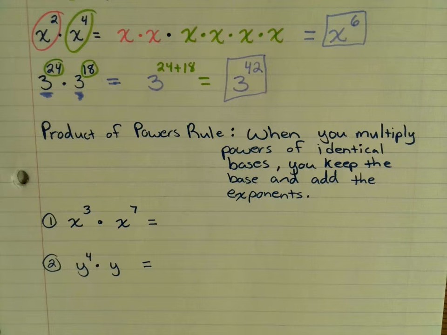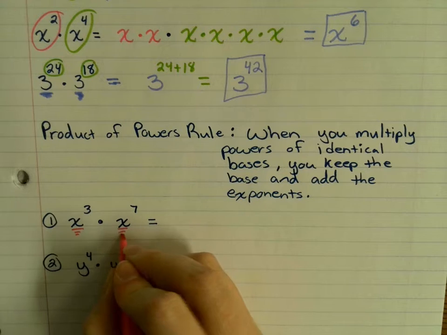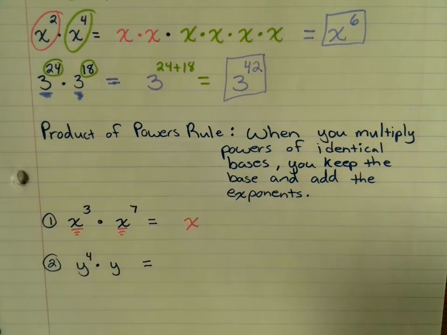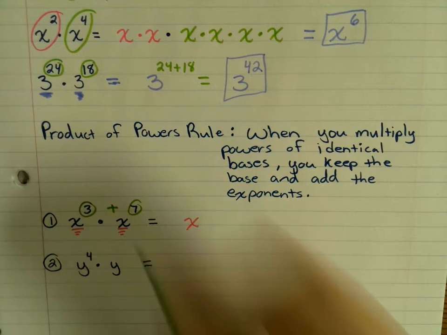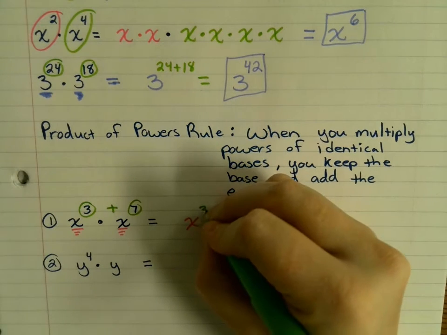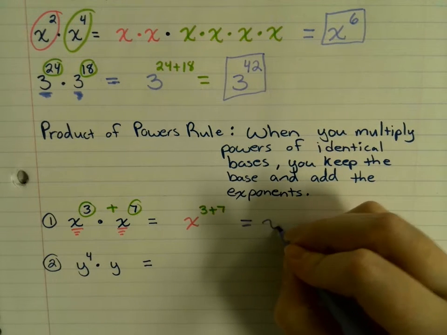All right, let's go ahead and go over it. X to the 3rd times x to the 7th, Aaliyah? X to the 10th, very good. Again, you're going to keep the base, because the bases are the same, right? So it's going to stay x. Then you're going to take your exponents, and you're just going to add them together. So you're just doing 3 plus 7, and that's going to give you x to the 10th power.